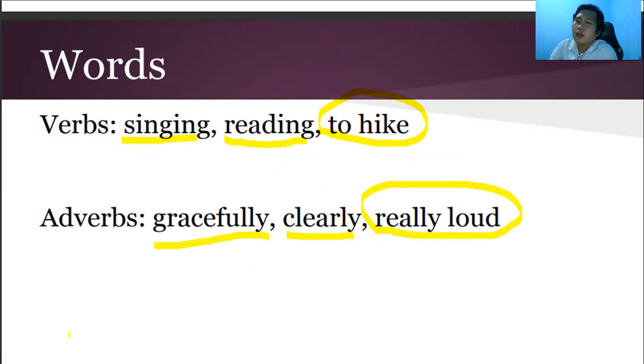Again, remember the definition of parallel structure. It must be the same: same structure, same importance, same value, same form. For example, singing, reading, gracefully, clearly. This one, really loud, even though there is an ly in really, is not the correct word.